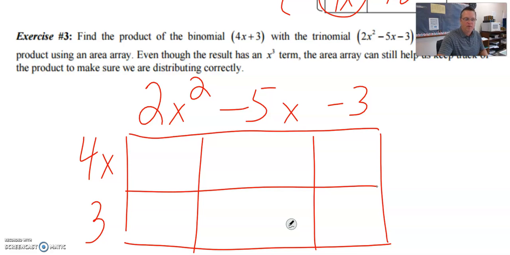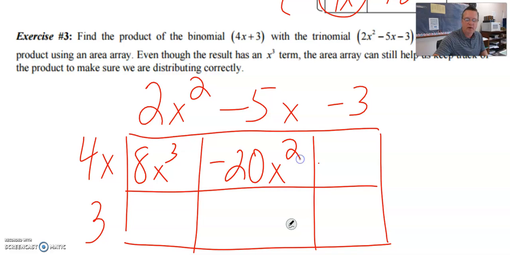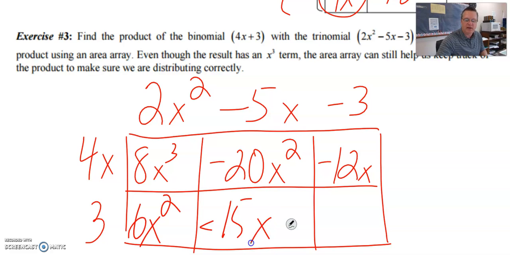Your 4x times 2x squared gives you 8x cubed. Don't lose that negative. 4 times 5, 20x. Then x times x squared, another subtraction, and there's your 12x. Now the 3 is going to be multiplied, so we have 6x squared minus 15x minus 3.